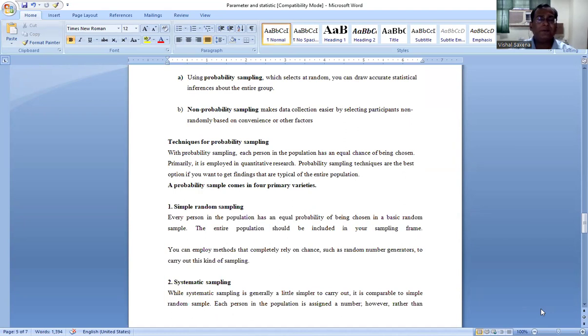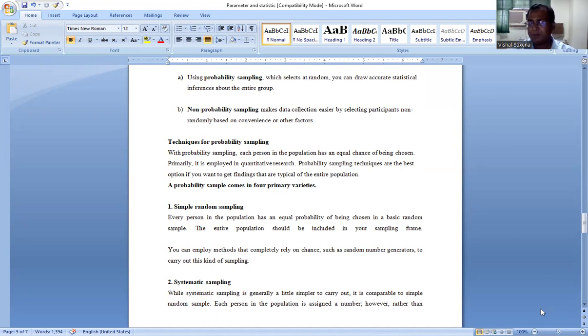And every person in the population should be included in the sampling frame.